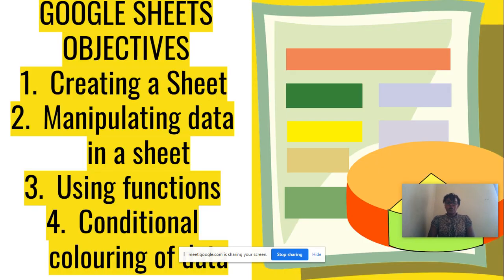In Google Sheets, the objectives would be creating a sheet, manipulating data in a sheet, using functions, and conditional coloring of data.